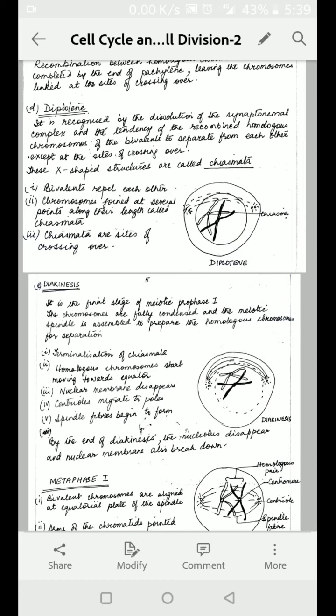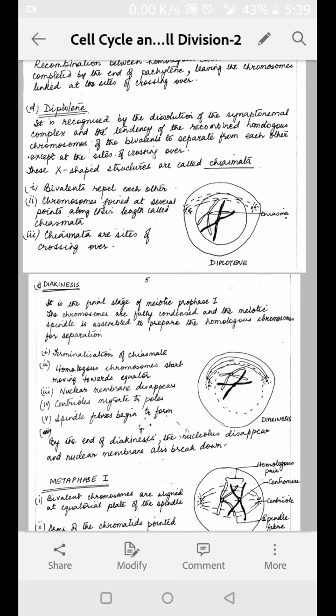The homologous chromosomes start moving towards the equator, and the nuclear membrane also disappears by this time. The centrioles start migrating to the poles, and spindle fibers begin to form. So by the end of diakinesis, the nucleolus disappears and the nuclear membrane also breaks down.